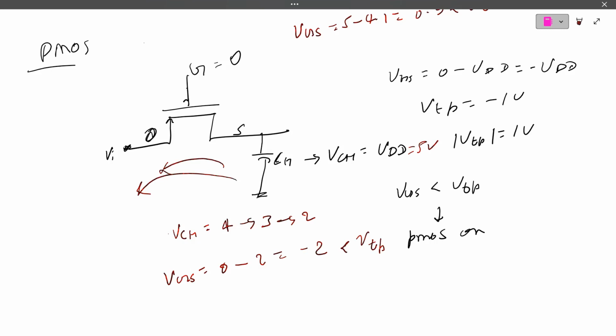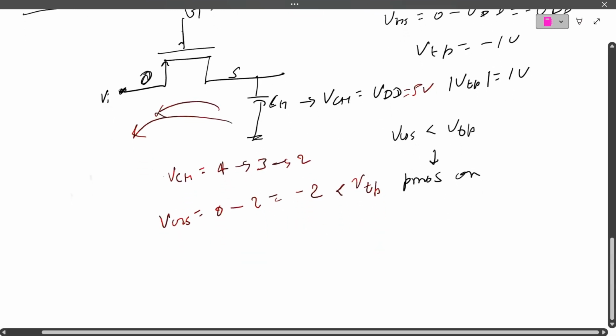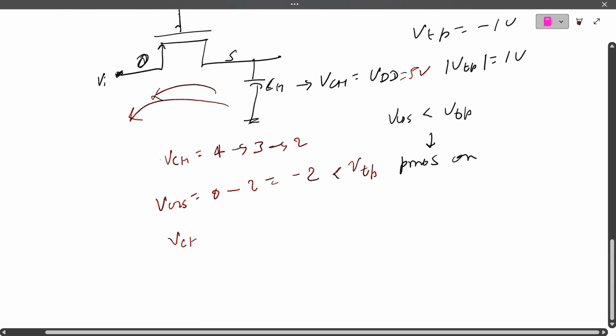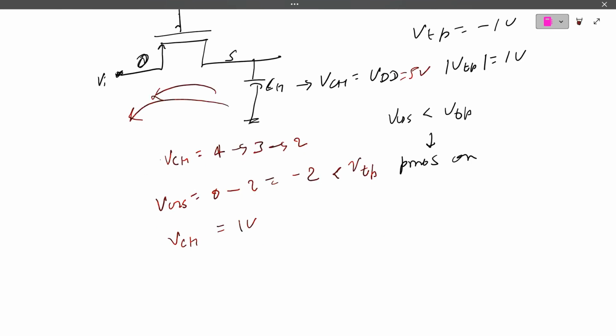If the capacitor voltage VCH reaches 1 volt, what is the VGS? 0 minus 1 is equal to minus 1 volt, which is equal to VTP. If it goes beyond, like 0.9, then the value is minus 0.9, which is greater than minus 1.